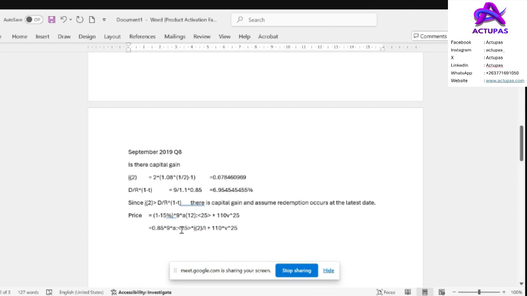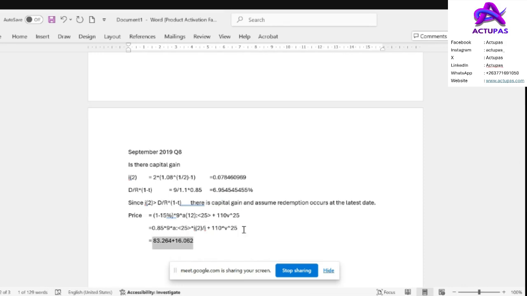And this you can get from the tables, this you can get from the tables, and this you can get from the tables. This is a small i. And this will then be 83.264 plus 16.062.